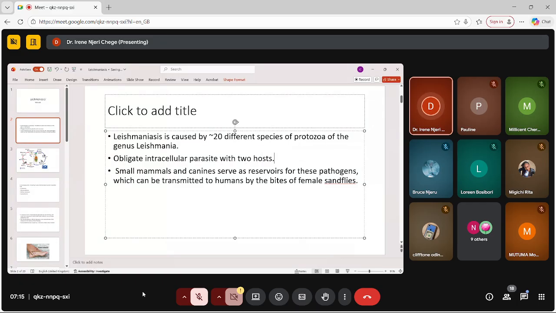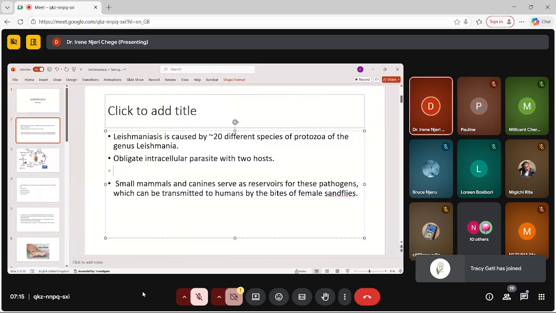And those hosts, you'll be able to name them. You will say that the hosts are the insect vector host, and then we also have the mammal host, which can be man.